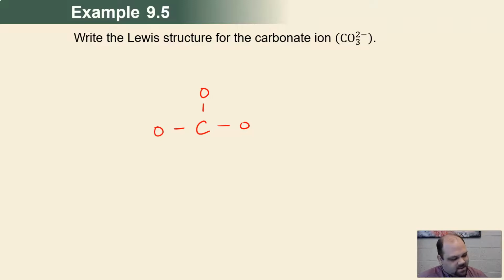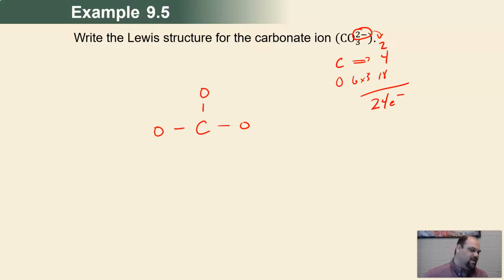Okay. Carbon has 4 electrons. Oxygen is 6, but we've got 3 of them. So that's 18 electrons. And then because of this 2 minus charge, we've got an additional 2 electrons. So that comes up with 24 electrons. Okay. 24 total electrons we need to arrange around this carbon.